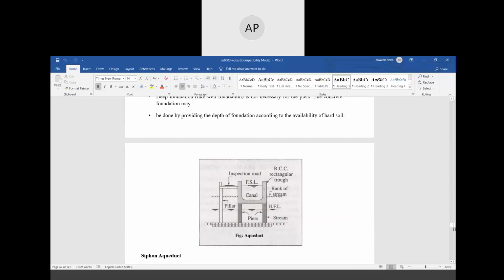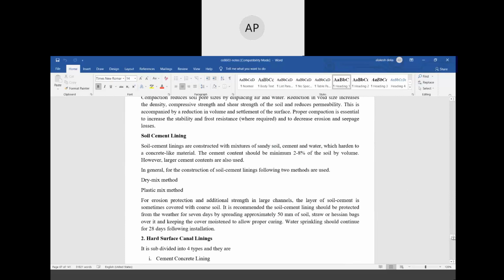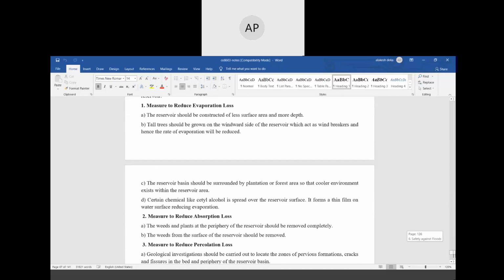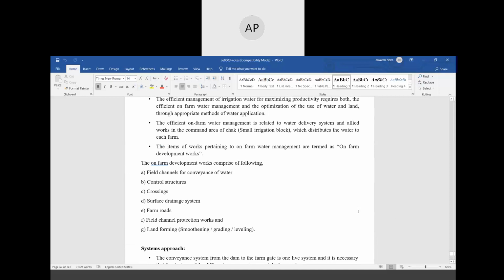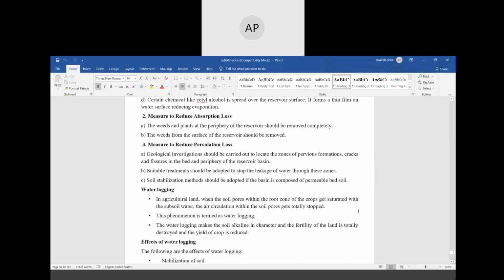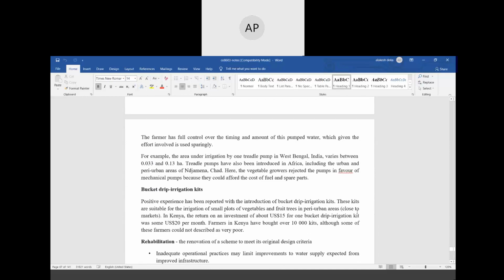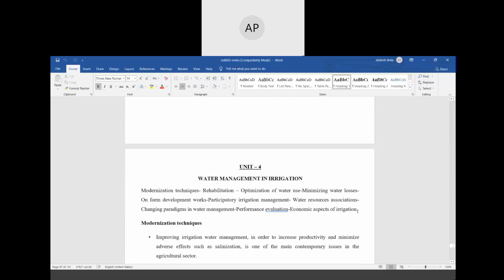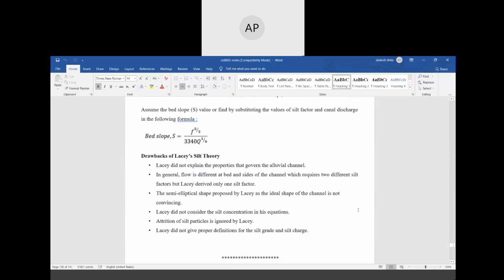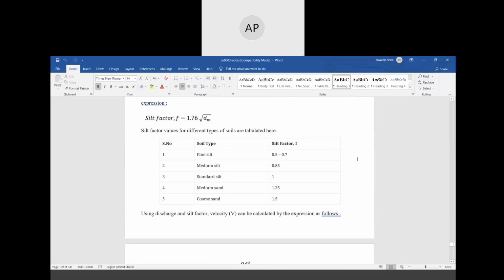Drawbacks of Kennedy's theory and drawbacks of Lacey's silt theories.